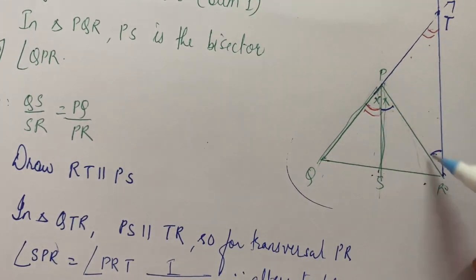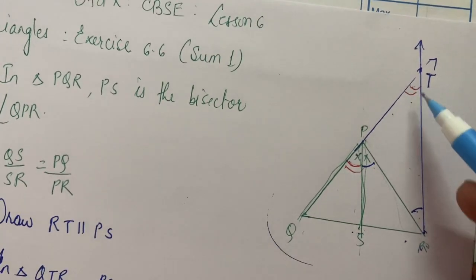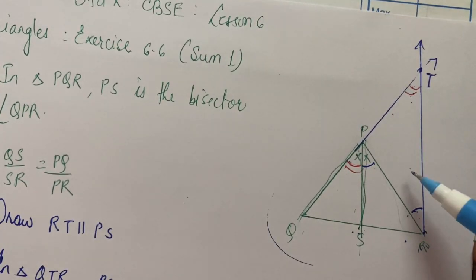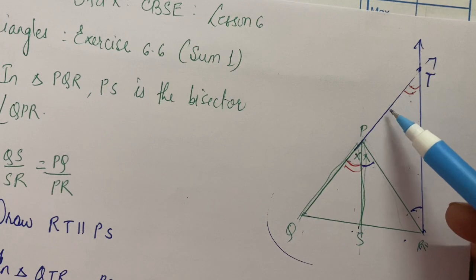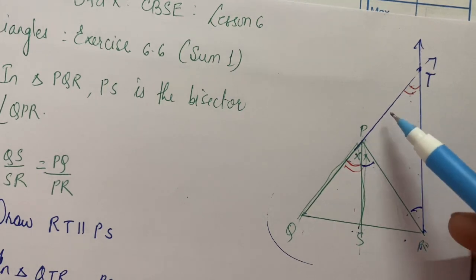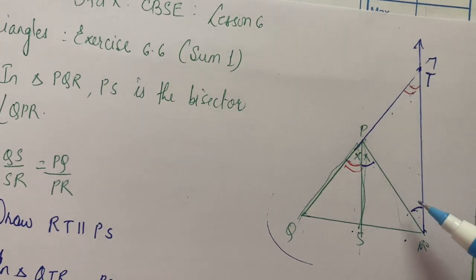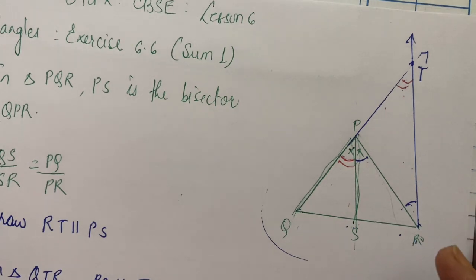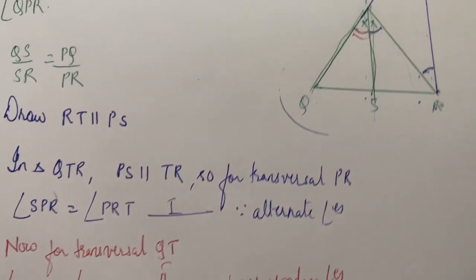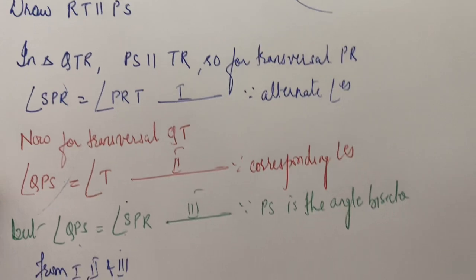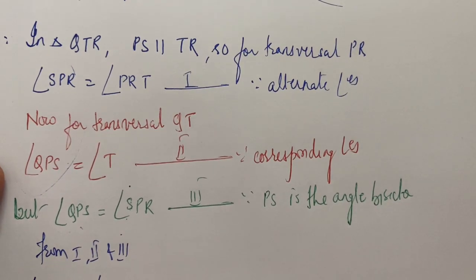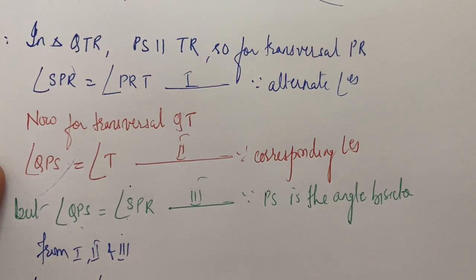This is your angle PRT, which is equal to angle T. So the sides opposite to congruent angles will be congruent. Therefore PT will be equal to PR, which we call as the converse of isosceles triangle theorem. So you will have PT equal to PR. This is your equation 4.